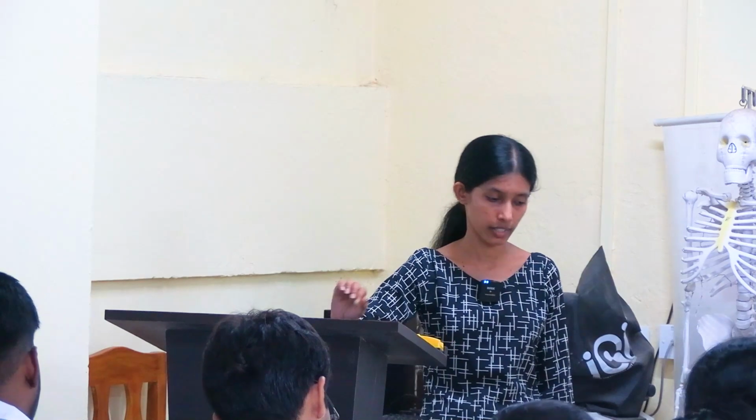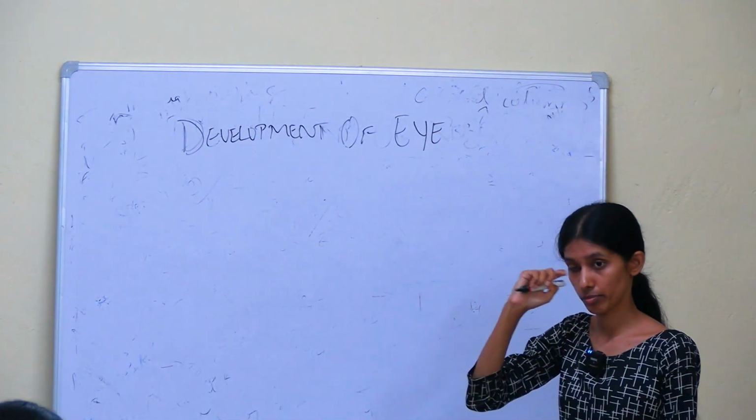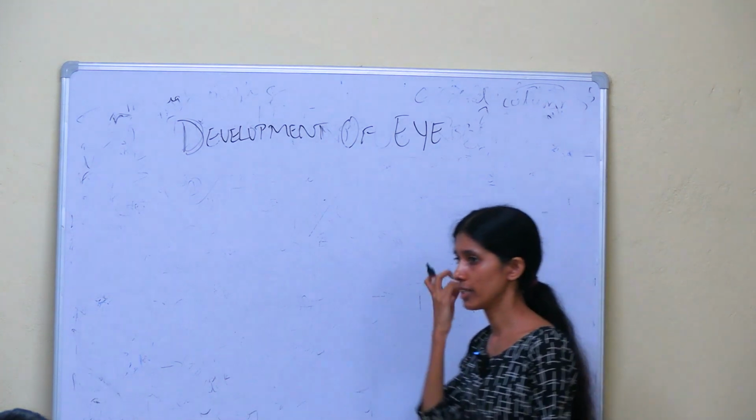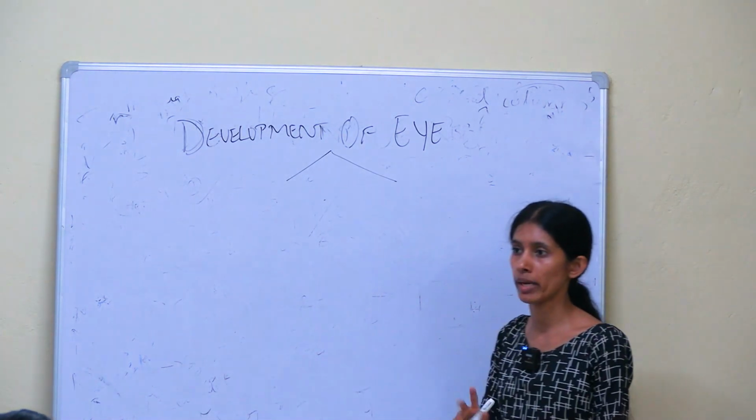So what are all the structures you can see in the development of eye? Or in general, what structures you see in your eye? Development of eye will be studied under two main headings.